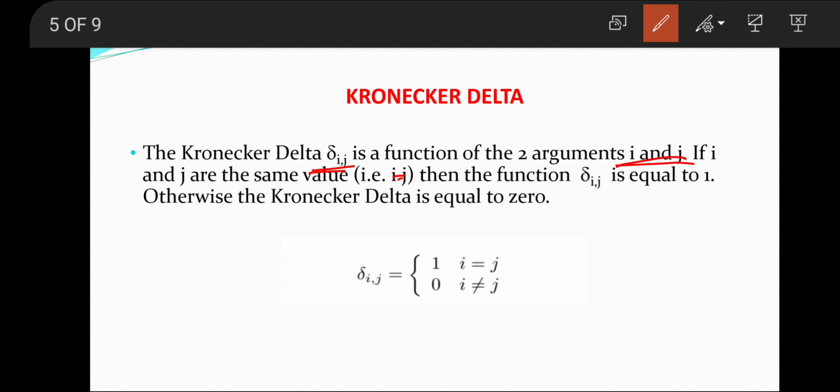Otherwise the Kronecker delta function is equal to 0. If the two arguments i and j are not equal, then the Kronecker delta function gives the value 0.